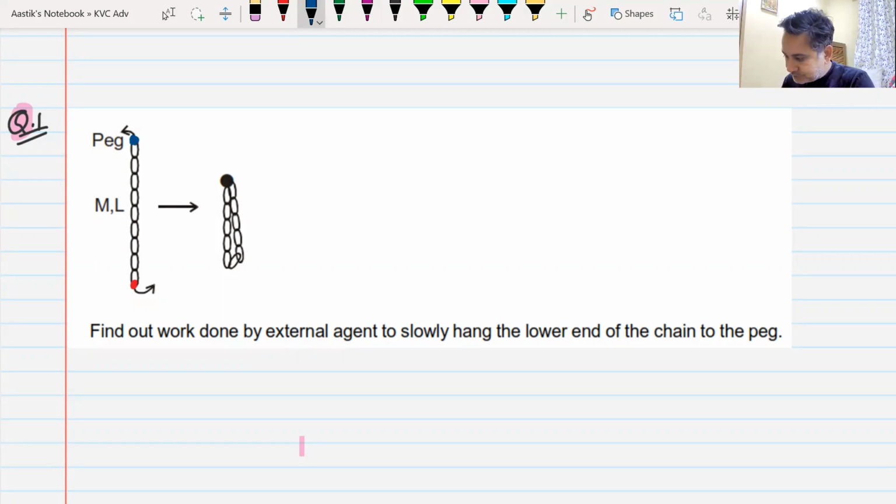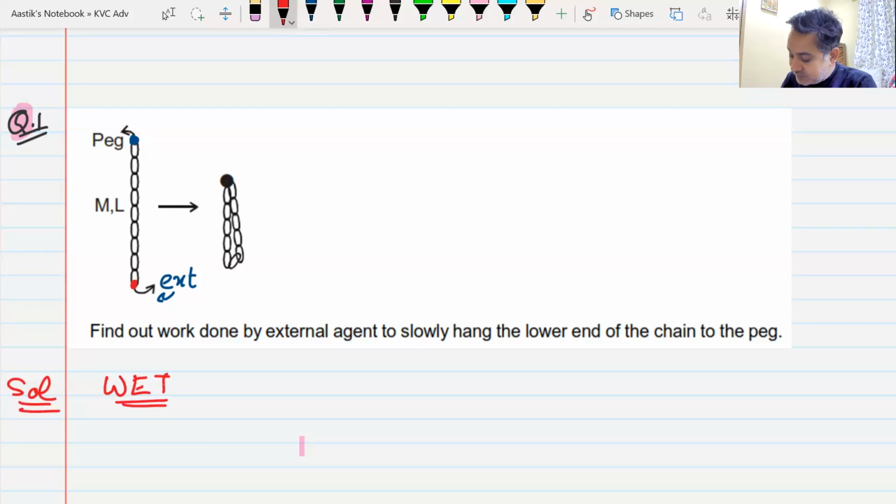Okay, so let me do this. Some external agent will have to work on this chain and bring it up. Now I'm going to apply the work-energy theorem. What does the work-energy theorem say? Work done by all forces is equal to the change in kinetic energy.